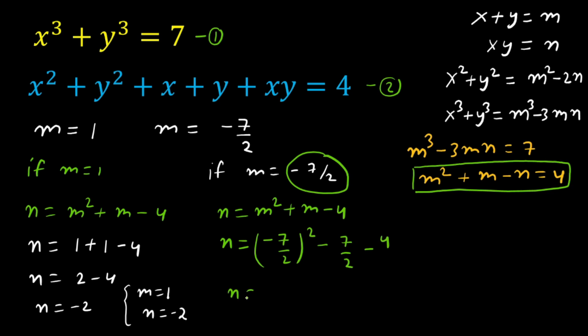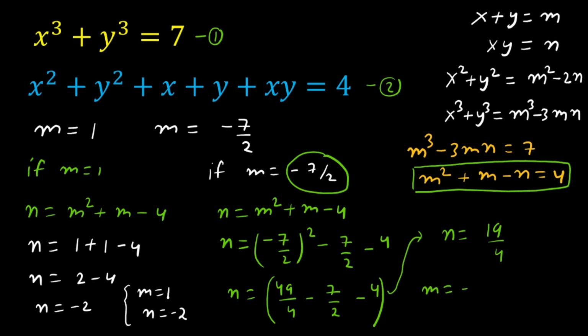Then n is equal to minus 7 square is 49 over 4, minus 7 over 2, minus 4. If you solve this expression, you will get 19 over 4. Then the value of m is minus 7 over 2 and the value of n is 19 over 4.